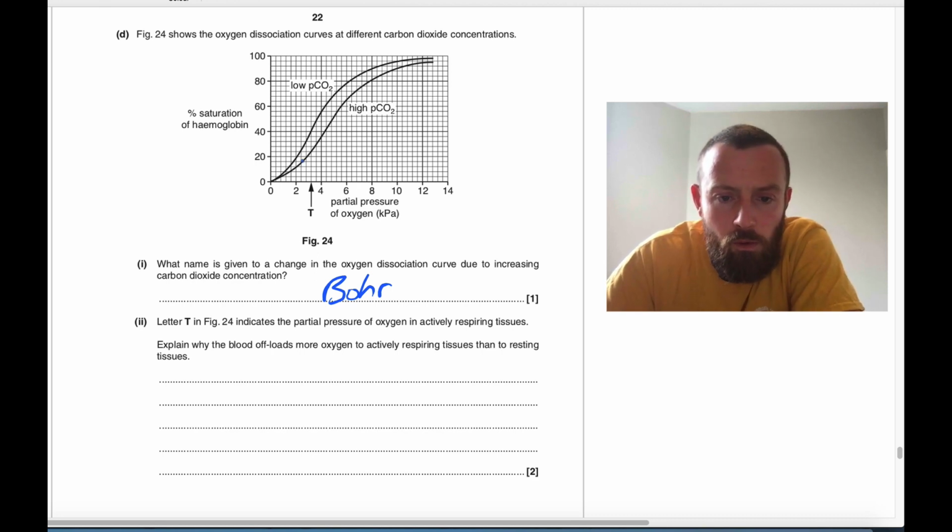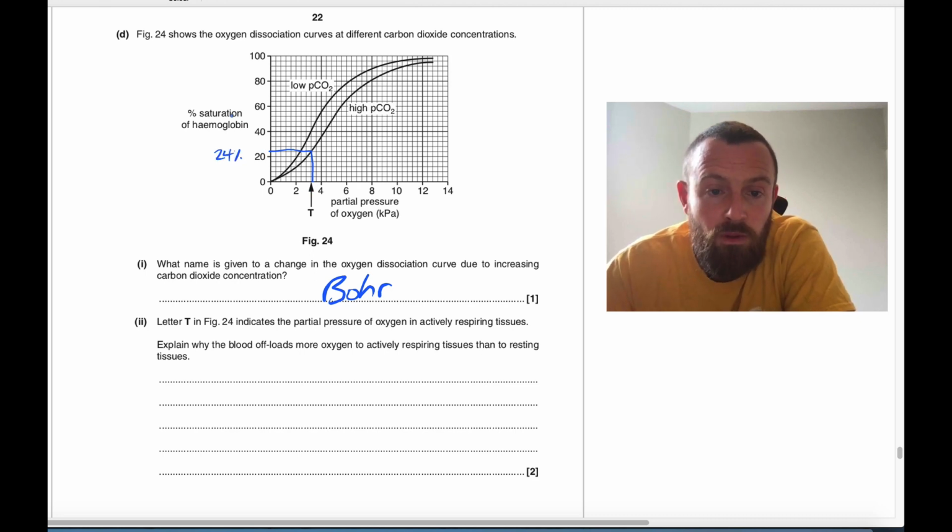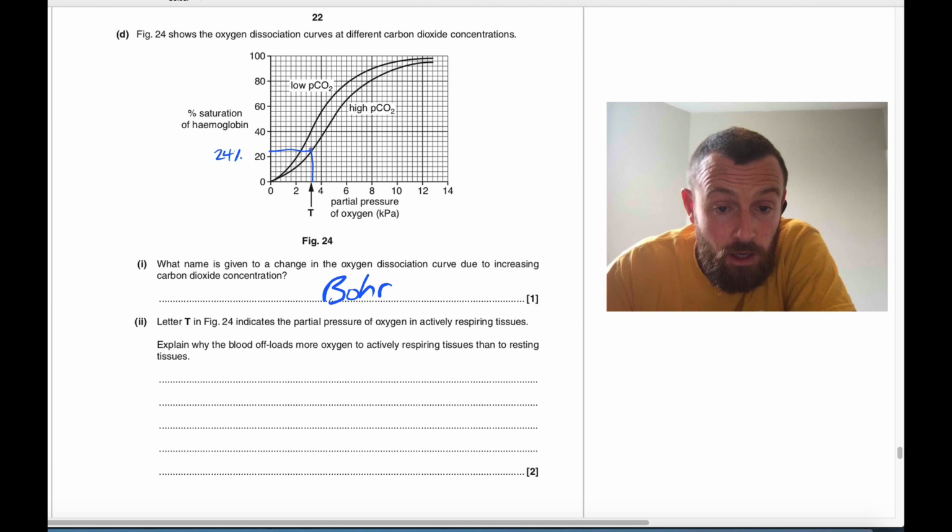Okay, what we need to do is get some figures out of here. We probably want to look and see the percentage saturation. So at 24, the hemoglobin will be 24% saturated in actively respiring tissues if there's high CO2. But without high CO2, we get 40% saturation.